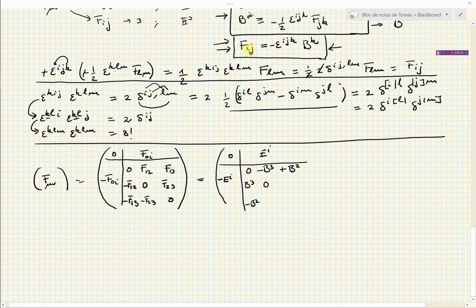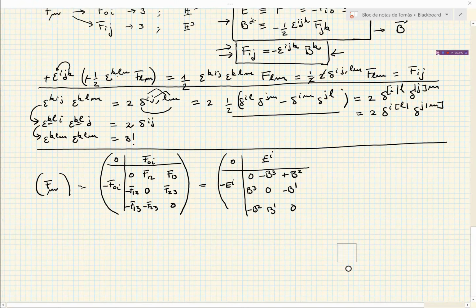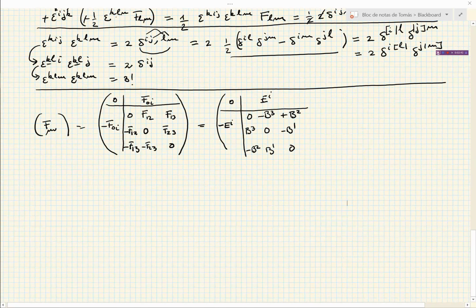This is 1, so a minus. This is minus b1, b1, and 0. Okay, I don't think anybody will use this very often, but we had to do it.